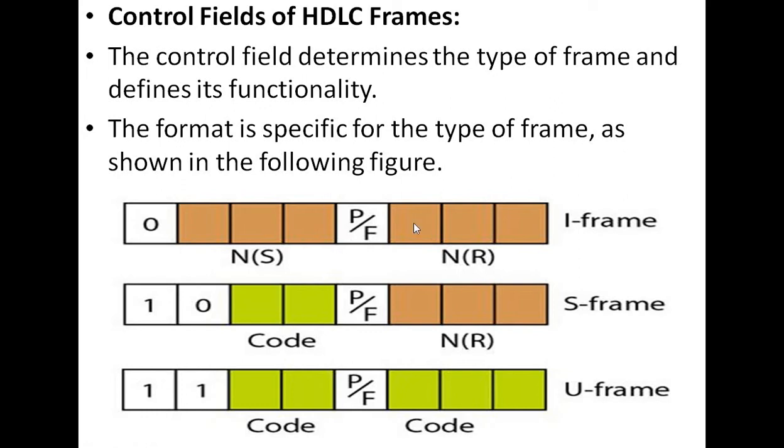So the middle part between N(S) and N(R) is represented as P/F, P slash F, which is a field having a single bit.